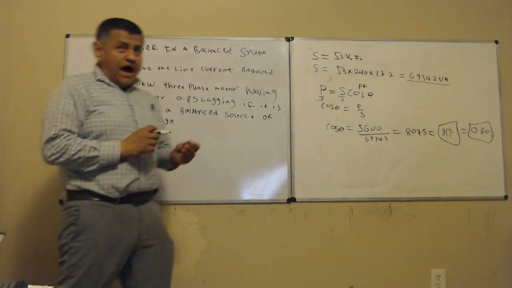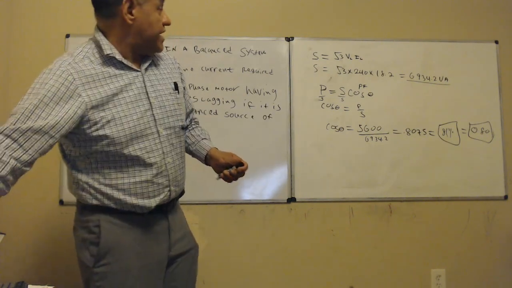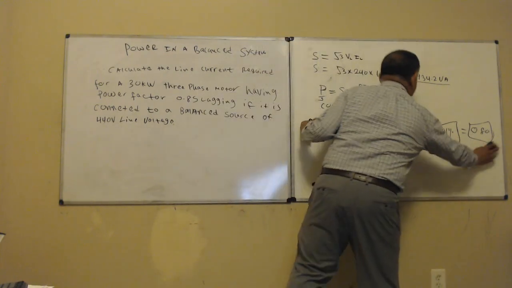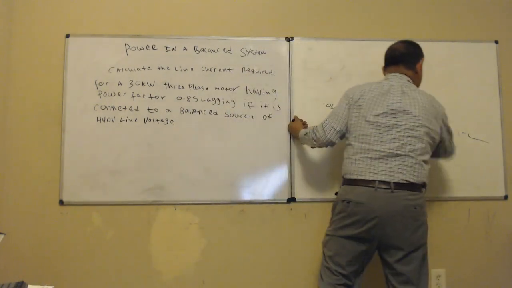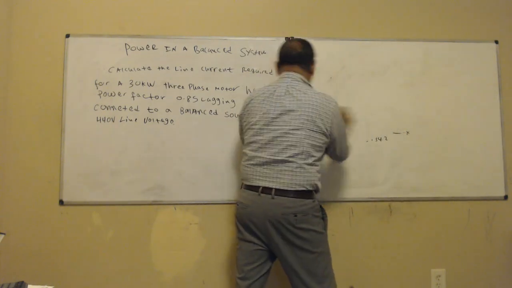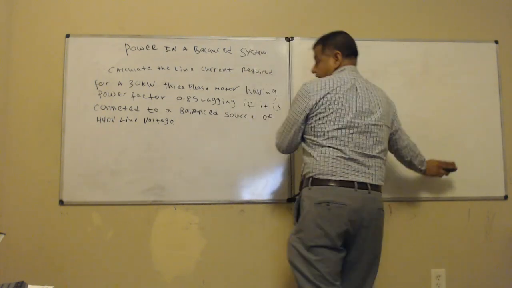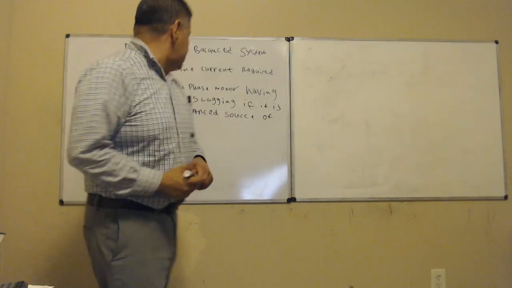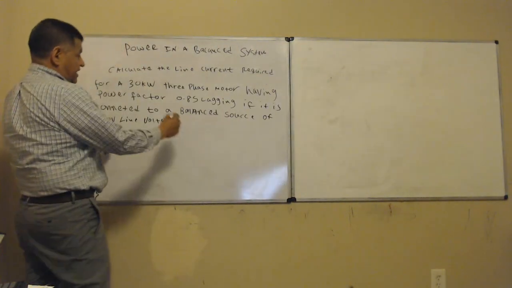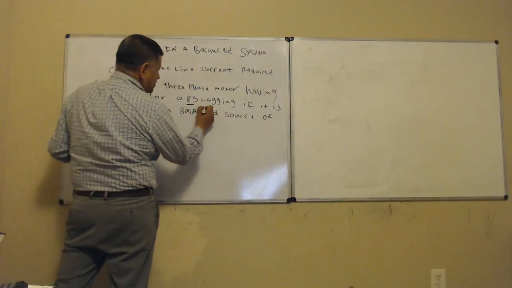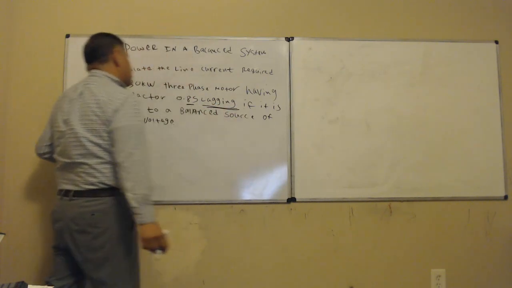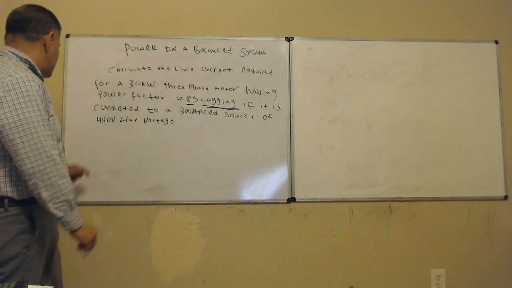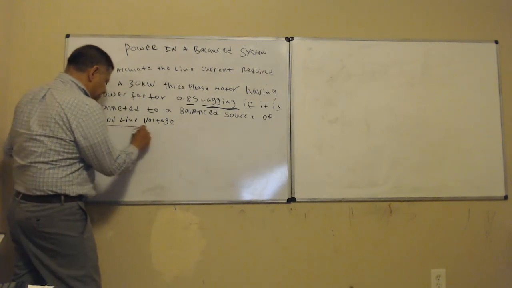Okay, so as you can see, the power factor was given, right? And we need to pay attention to some words. We pay attention to this and also this. This is very important. Important to pay attention to this line to line.